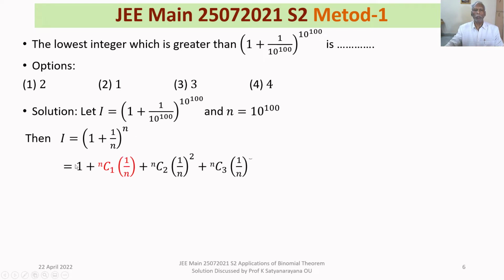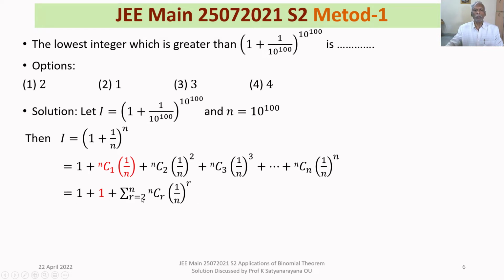This will be equal to 1 + nC1 (1/n) + nC2 (1/n)^2 + etc. + nCn (1/n)^n. And nC1 is n, and n into 1/n is 1, so this will be 1 + 1.